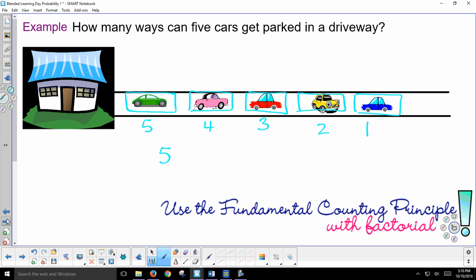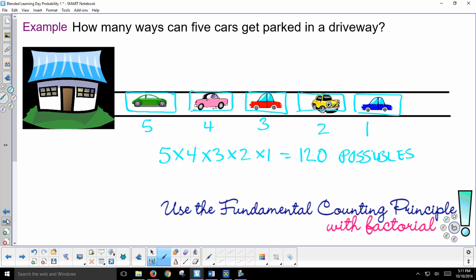So this is 5 times 4 times 3 times 2 times 1. Well, 5 times 4 is 20. 20 times 3 is 60. 60 times 2 is 120, and 120 times 1 is 120. So there are 120 possible ways to arrange 5 cars in this driveway.